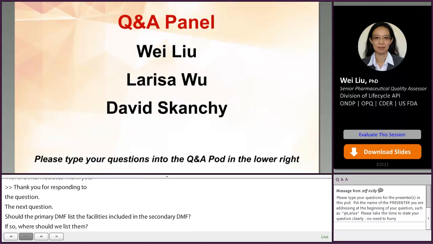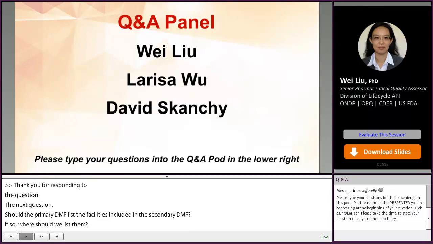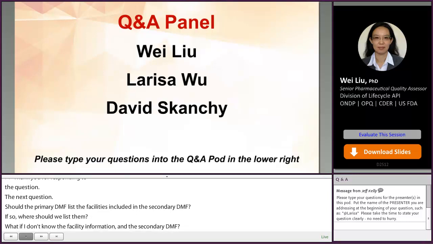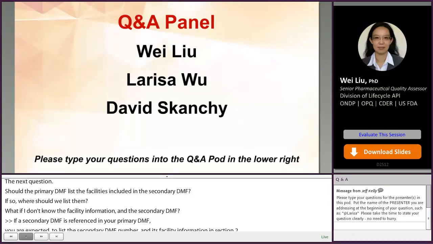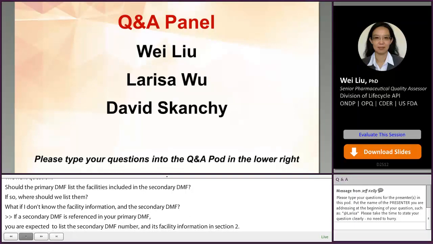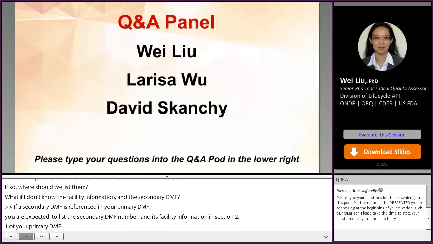If a secondary DMF is referenced in your primary DMF, you are expected to list the secondary DMF number and its facility information in section 2.1 of your primary DMF. If the facility information for the secondary DMF is not available to you, you may only provide the DMF number of the secondary DMF.